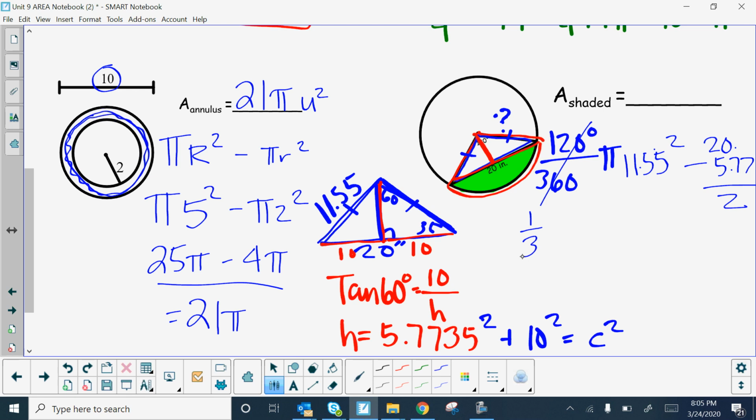I'm going to square 11.55, which is roughly about 133.4 pi, minus the area of the triangle, 20 times 5.7735 divided by 2.